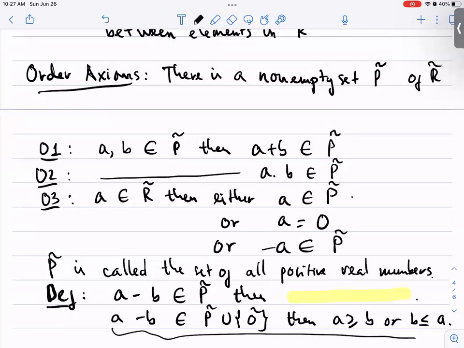So what is so important about the axioms? The point is that this is the minimum set of properties such that we can deduce all the usual properties for ordering real numbers.